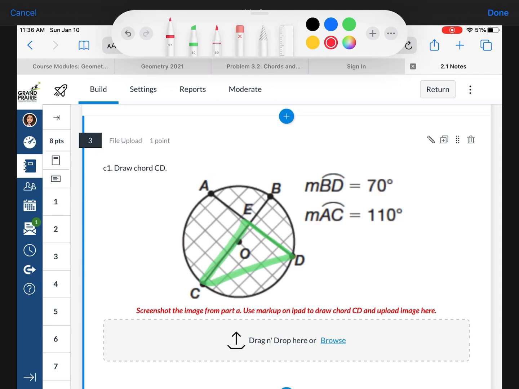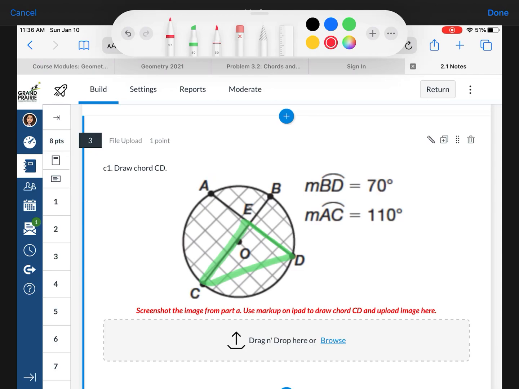So instead of the first one being BED, I think they're asking for CED instead. They put BED, so that's a typo.